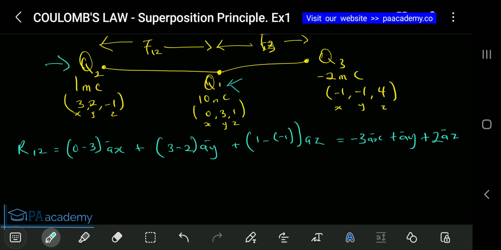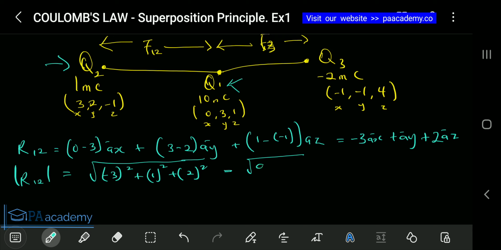Okay, so now let's just look for the magnitude also. So that will be the magnitude for R12, so that will be the square root of minus 3 square plus 1 square plus 2 square, and that would just give us 9 plus 1 plus 4, and if you pull that together, it's going to give us 14.